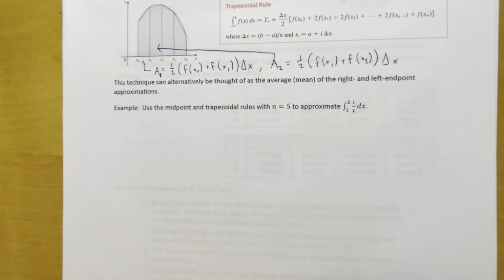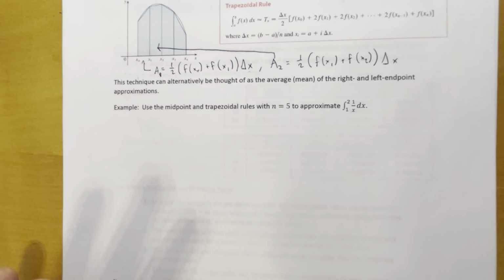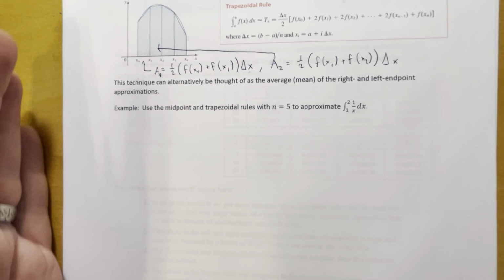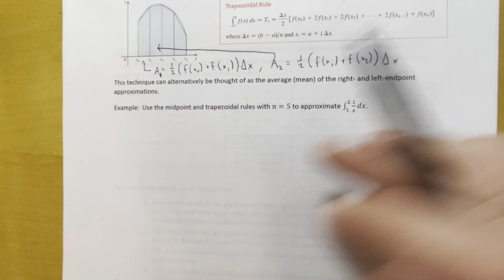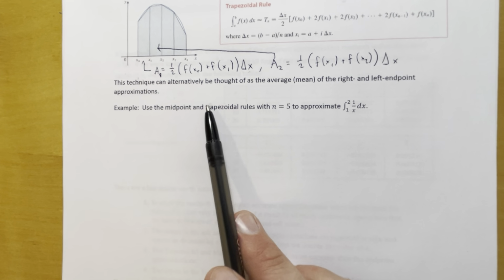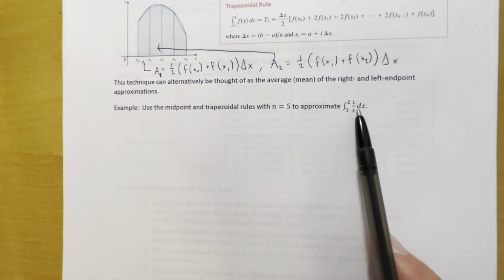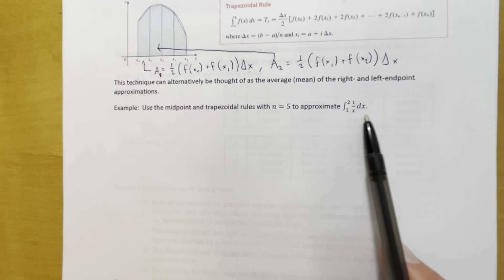So this is the one section where I'm going to basically use all of the same material that the textbook covers. But anyways, let's go ahead and use these methods. I'm going to approximate this definite integral from 1 to 2 of 1 over x dx.